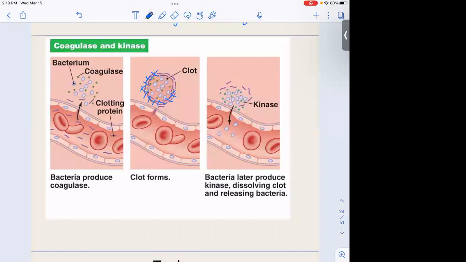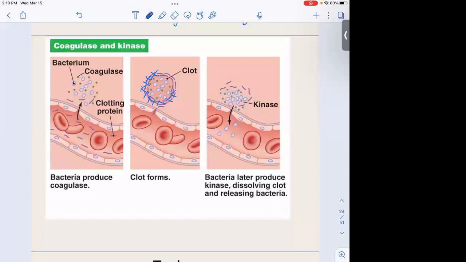So maybe a patient gets a wound, there's some bacteria in there. If the bacteria can protect itself by clotting the blood around it a little bit, then it's going to be a safe spot. And our host immune cells, our white blood cells that would be attracted to that site, that would try to phagocytize those bacteria, say a macrophage, would not be able to get to those cells.